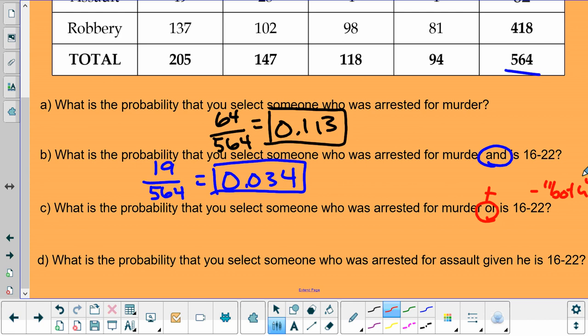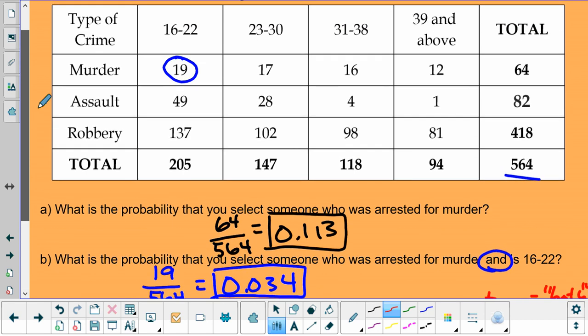So we need to add these two things, and then subtract the duplicates. My total number of people arrested for murder is 64. The total number of people in the 16 to 22 category is 205. But the problem is 19 of those people got counted in both spots. 19 people are in this 64, and the same 19 people are in this 205. I can't count these 19 people twice. They're not two people, they're each only one person.